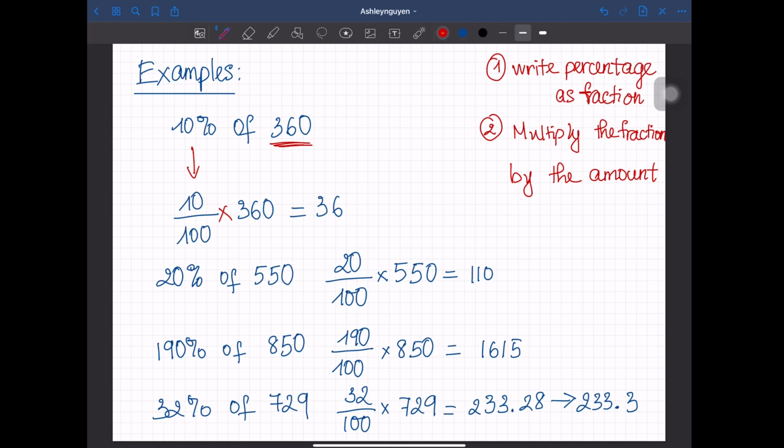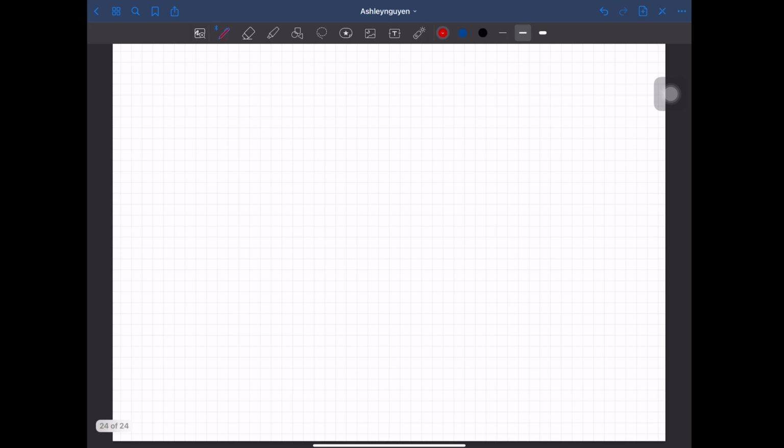So I have shown you some examples, and now I will give you some questions. Find the percentage of the amount in the following.